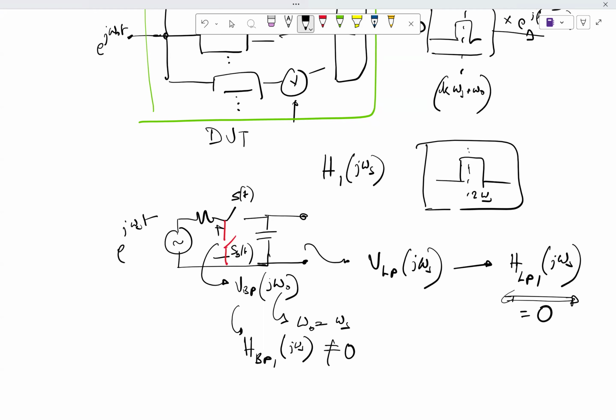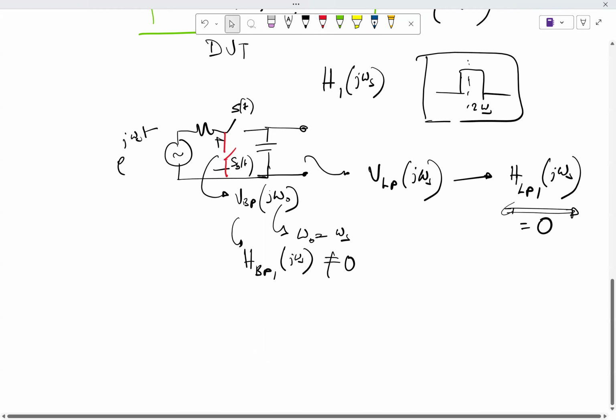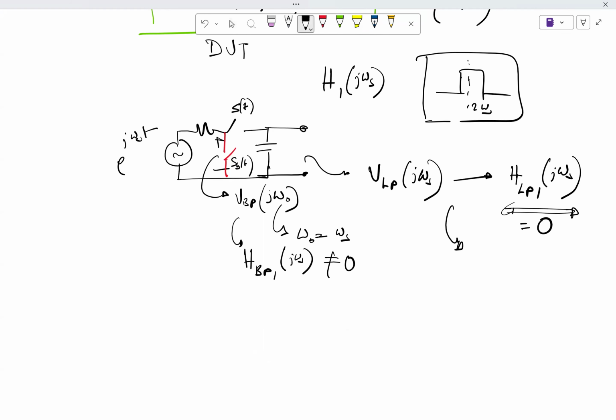HLP1 j omega s is 0. That's true. But what is non-zero? Since you have brought it up, let me ask you this: which sideband of VLP j omega s will not be 0?